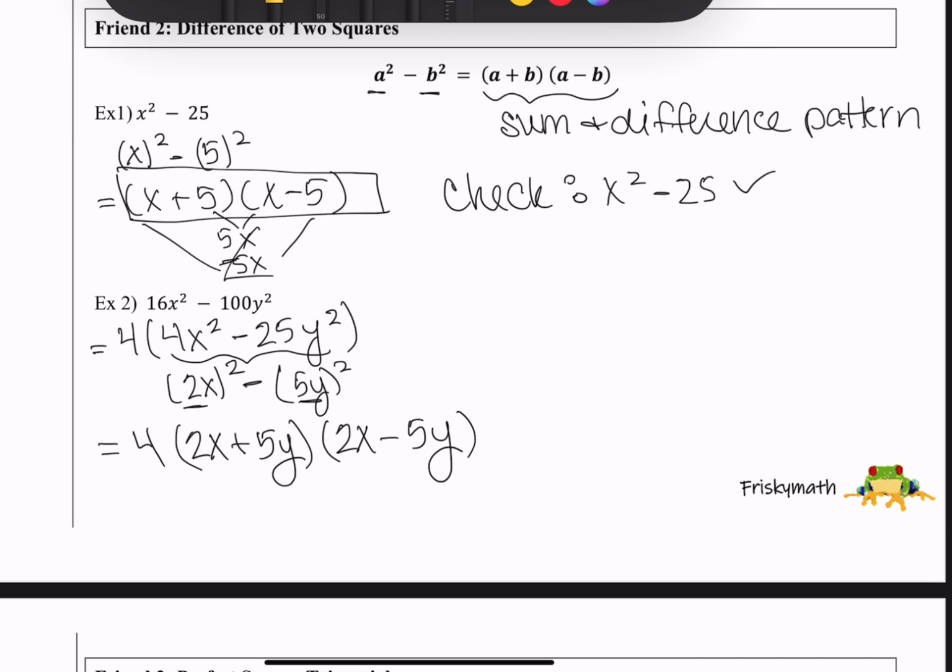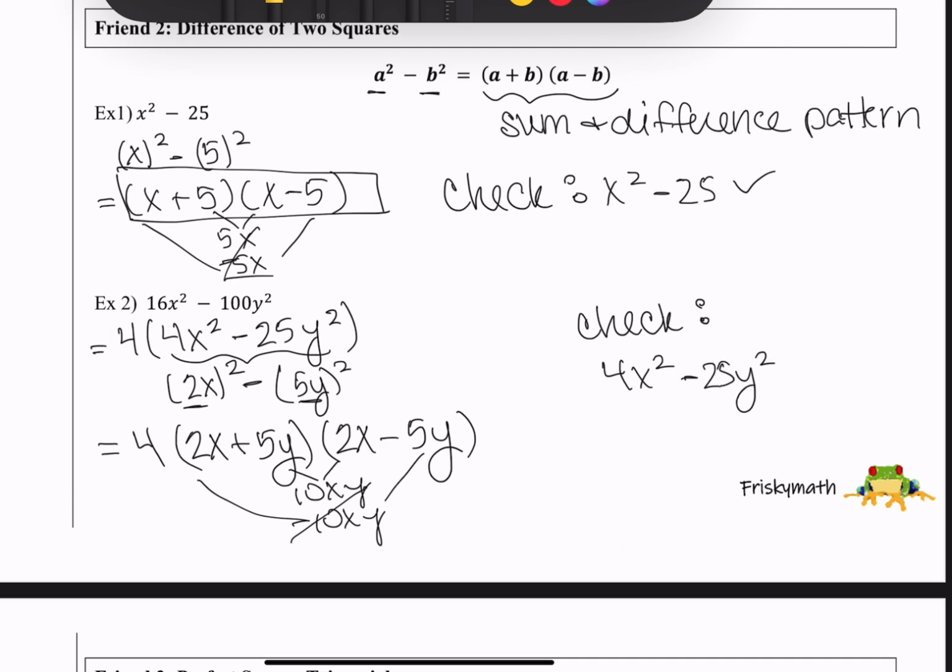Now, how could I check that? This is where you want to recognize you have a binomial times a binomial. If you just try and FOIL that real quick, your first terms will give you 4x squared. Your inners and outers, look what you have: 10xy minus 10xy. Those cancel out. Your last term is going to be negative 25y squared.